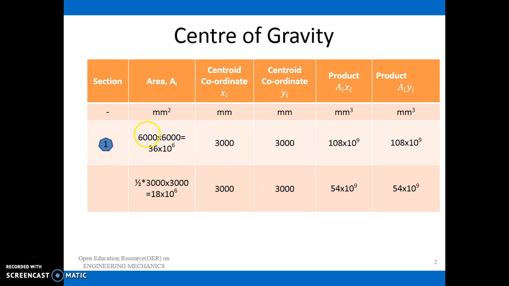The area is designated here, and all the necessary dimensions are also located. We'll move to the next section. In here it is a triangle. So the area is entered with x and y coordinates, and the products are also shown.